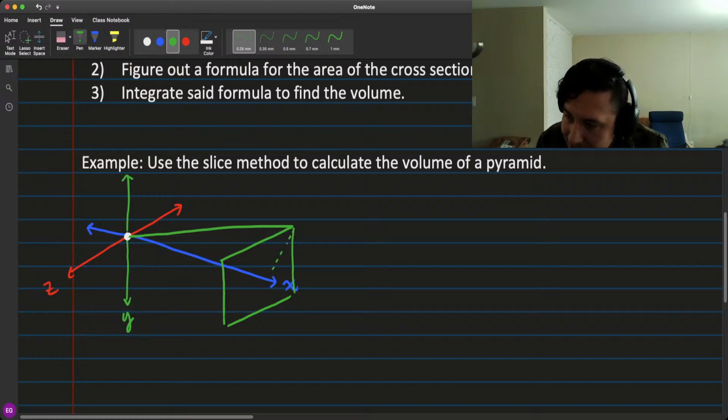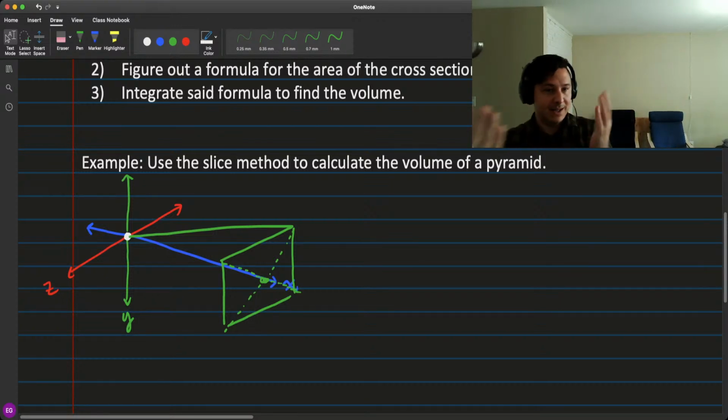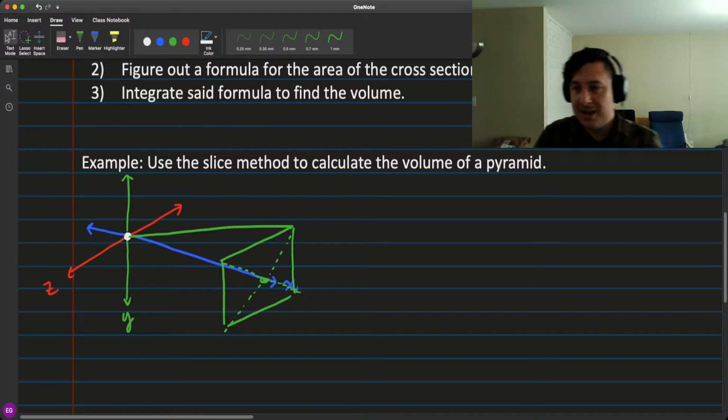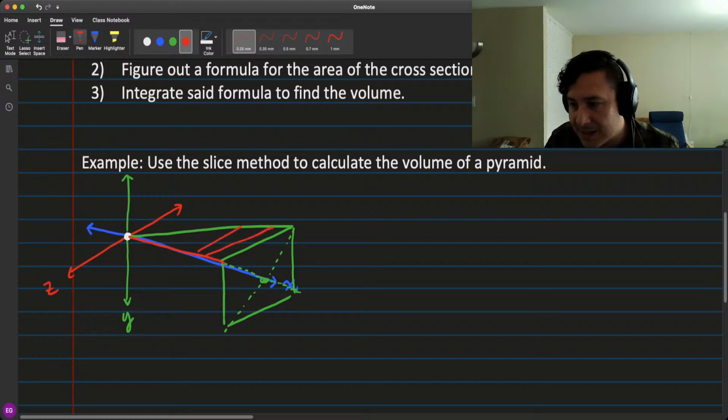So I'm going to draw the little... So does everyone see the cross section? It's centered around the x-axis, so you can see the little dots. The pyramid's bottom is this flat sheet of paper, which means the other edges need to look like this. Okay, so I'm going to draw in some lines.